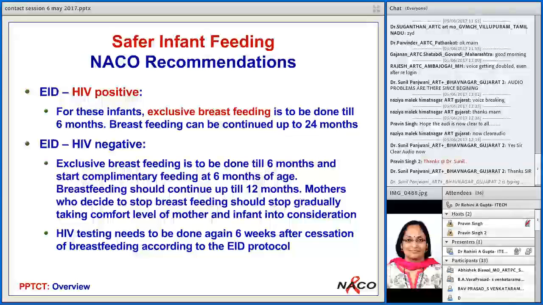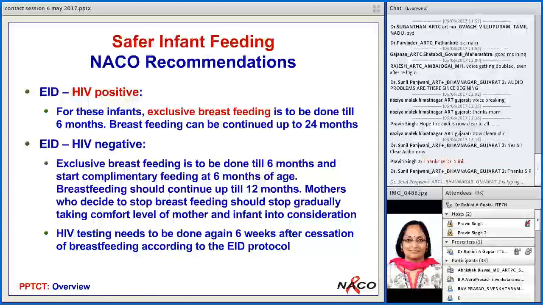How long do we continue breastfeeding? If we are doing early infant diagnosis, as I told you, at 6 weeks, 6 months, and at 18 months, we can also do it any time we find that the baby becomes symptomatic or you suspect HIV infection in the baby, then we again can do a DBS.